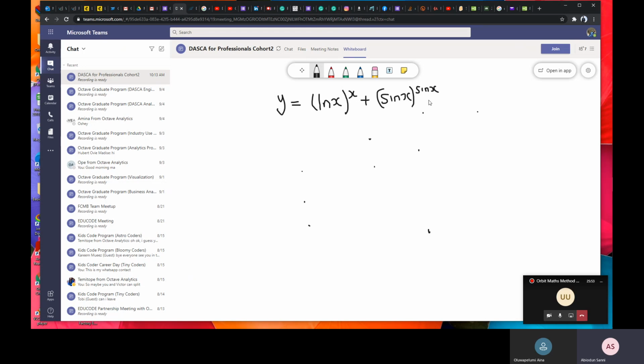Now it becomes difficult to take ln of both sides from here.